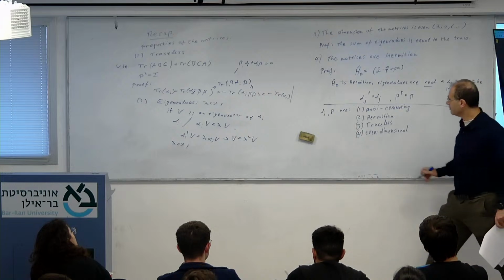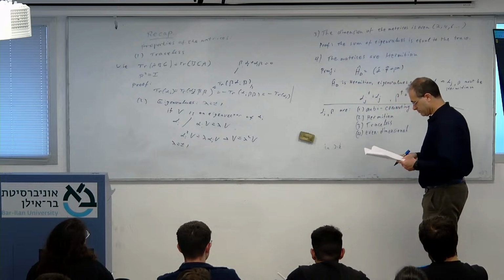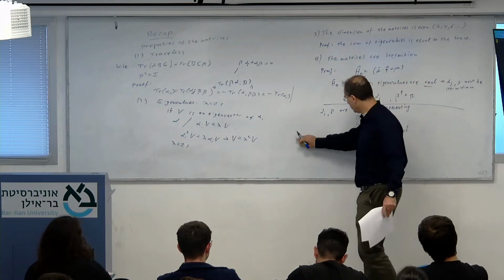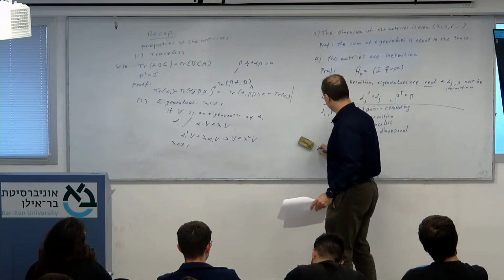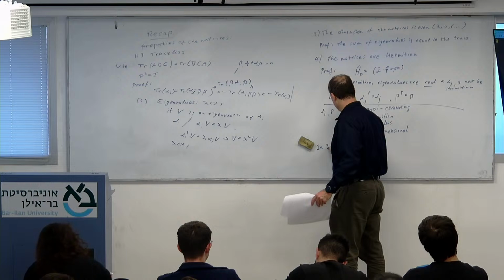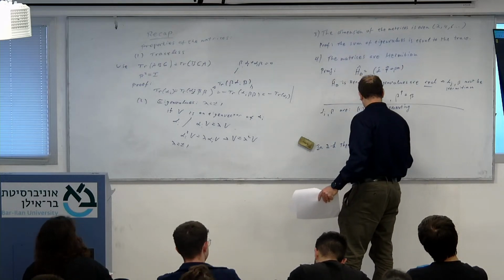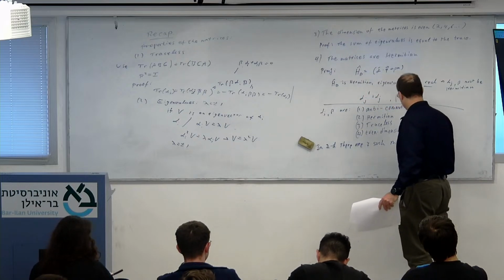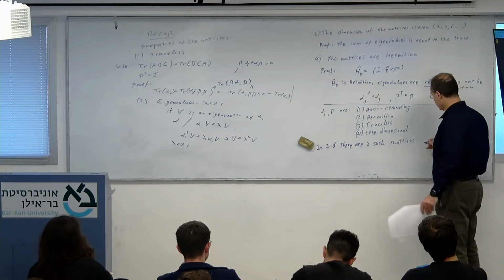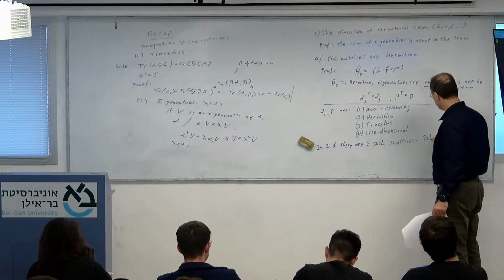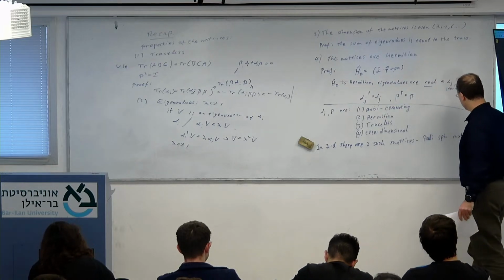Right, so in 2D, we have three such matrices, which are the Pauli spin matrices.